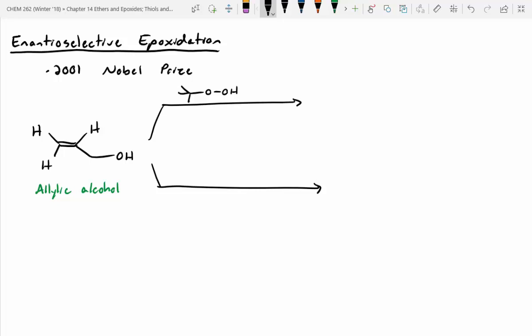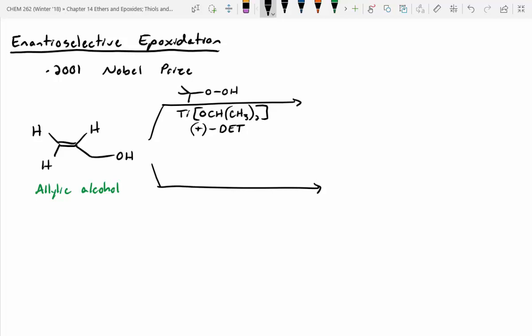You could use this peroxide with the tert-butyl group, and then a titanium catalyst with isopropyl groups on it. And then he used diethyl tartrate. The reason he used diethyl tartrate is you can get one enantiomer over the other.